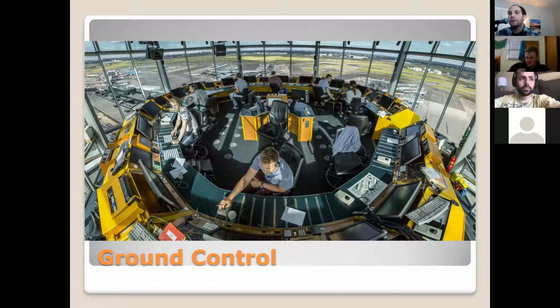The words at the bottom have changed. Now it says ground control. So imagine when you're talking to ground control, that air traffic controller is going to live in the tower, look out the window down on the ground, and control the airplanes moving around on the pavement. Typically, ground control frequencies are 121 point something.